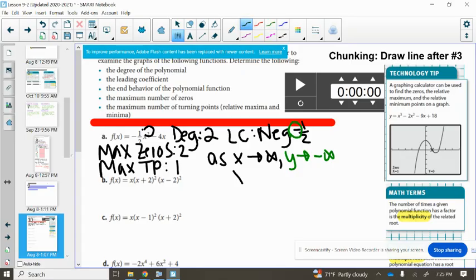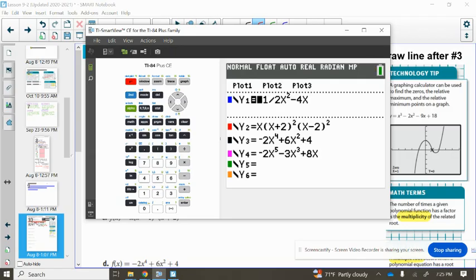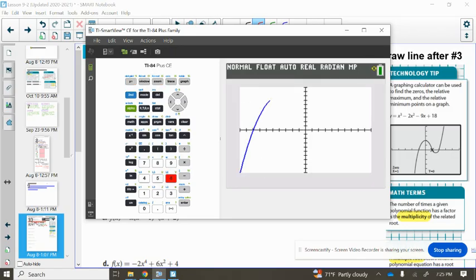Now, on this one, as x goes to negative infinity, because this degree was even, we know that it's also going to match and go to negative infinity. So what we can do is kind of confirm. I typed in that graph. I'm going to ZoomStandard to reset my window. And I see that quadratic, right, going to negative infinity. We have a max of 1 turning point, a max of 2 zeros, and we see that the end behavior works out to match that.